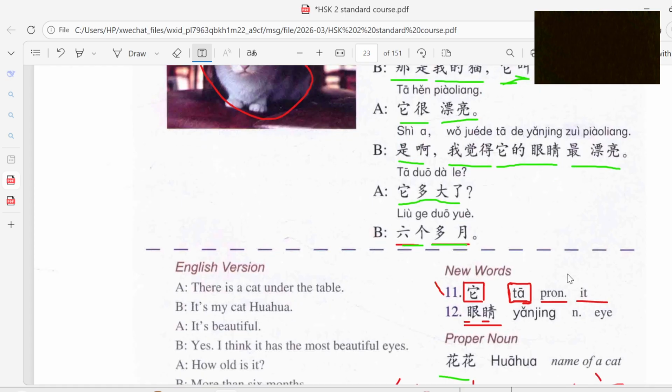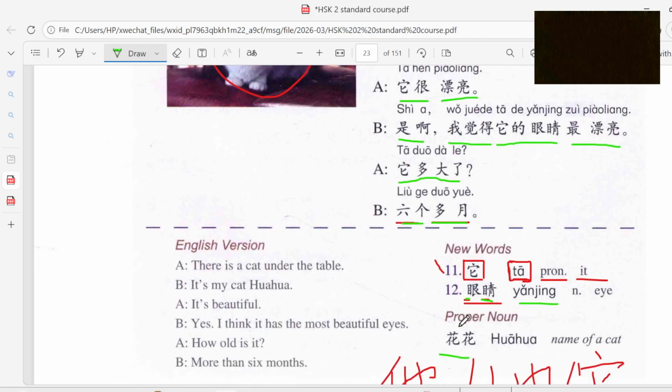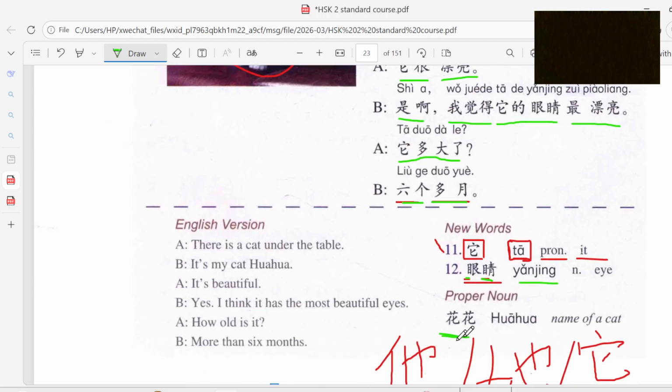We learned ta, which is another new one. It's a pronoun, means it. Yanjing, which is an eye. It doesn't matter if it is a human eye or animal, it's just an eye. One of the senses of a normal person or animal. Yanjing. Hua Hua is the name of the cat.